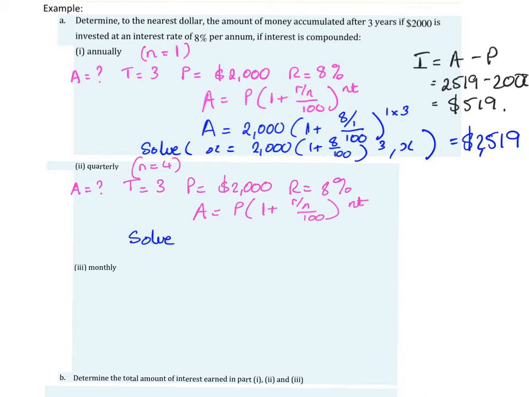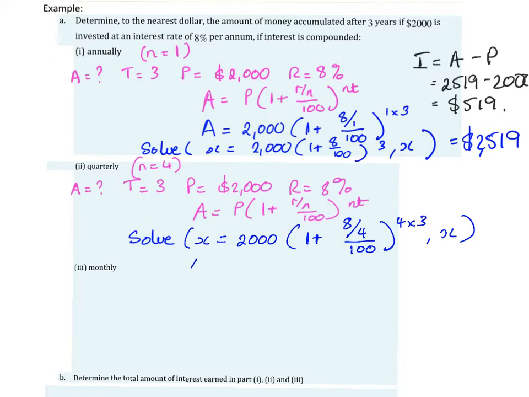And again, I'm looking for the A, so it's X equals, P is 2,000 times 1 plus, now R is still 8, but in this case it's over 4, over 100 to the power of, now N is 4 times 3, and it's comma X. So you can see that because our principal is staying, our rate's staying the same, the number of years stays the same, the only thing that's changing is that you are compounding your money 4 times a year rather than 1 time a year. And what does that end up being?